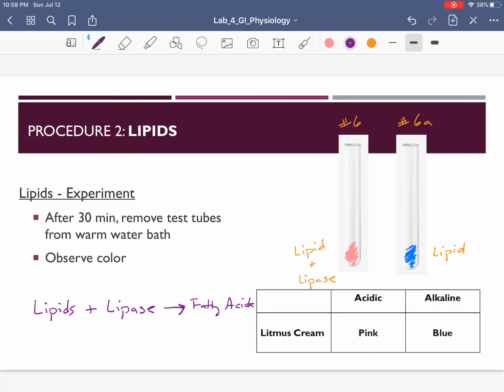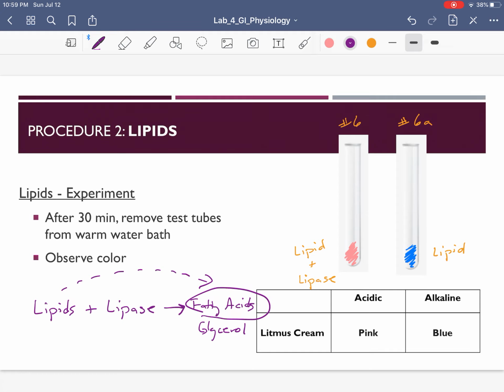Fatty acids and glycerol. I want to point out fatty acids. So we'll know when lipids have been effectively broken down when we have the presence of fatty acids. This should help you in understanding our results here.